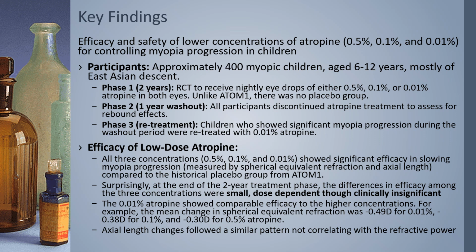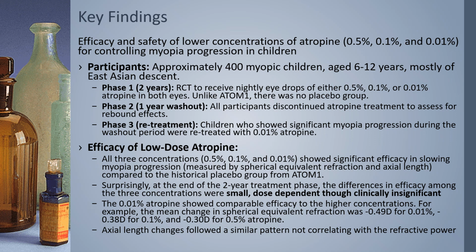Now, to the utter surprise of Chia et al., they found that all three concentrations showed significant efficacy in slowing down myopia progression. Obviously, they compared it with the historical placebo group of ATOM 1. Now you see the power of 0.01%. It was no longer a placebo, because it was actually showing some treatment effect.